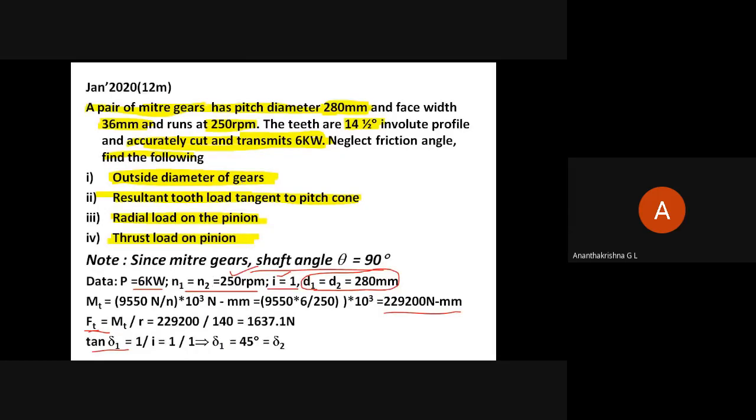Please let me know the answer: just find the radial load, thrust load and resultant load. Don't worry about the outside diameter of gears as of now.